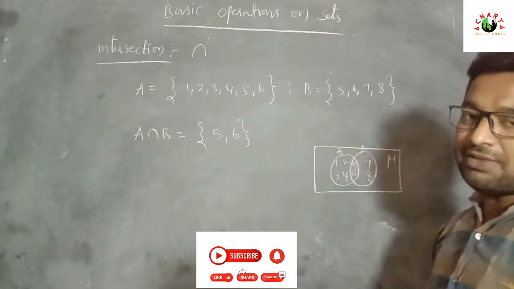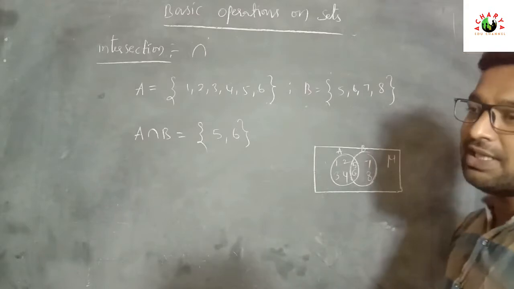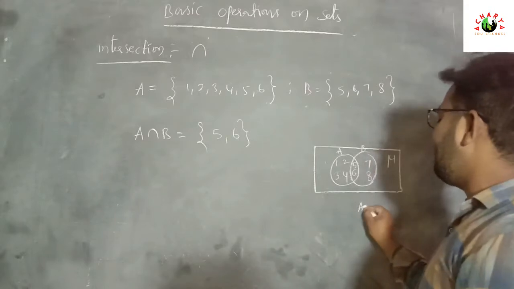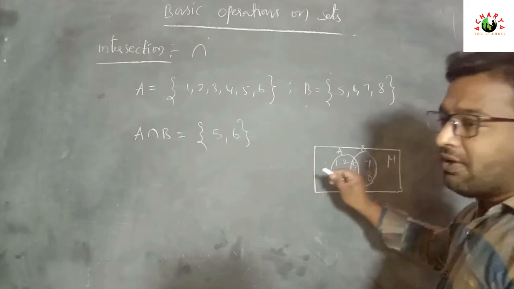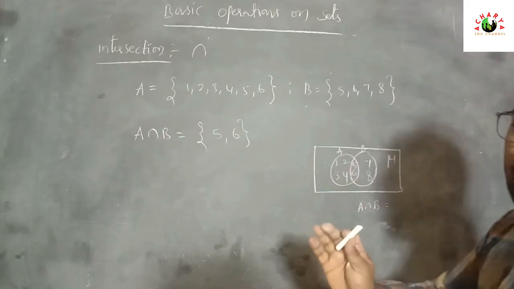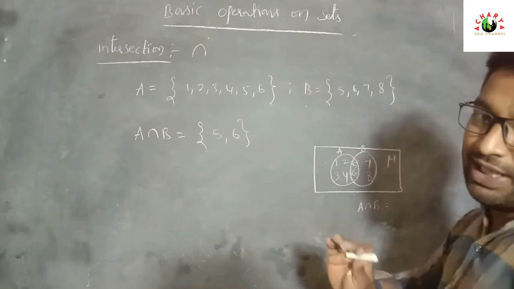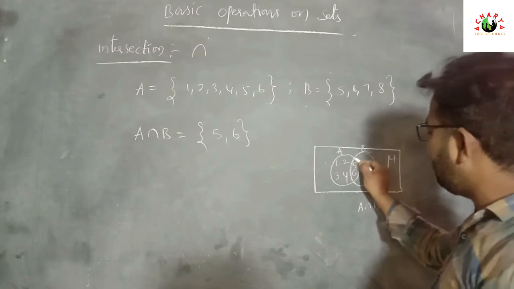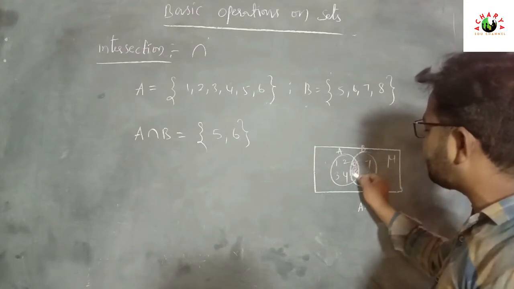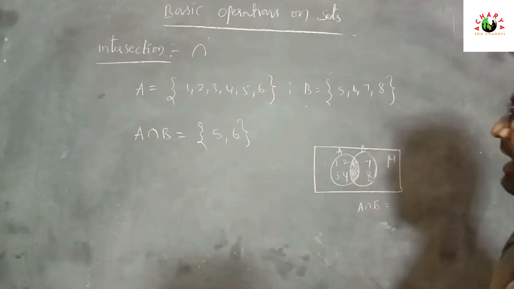But here is one difference between union and intersection. Here A intersection B is equal to what? 5 and 6. Intersection means we take only the common elements of both A and B. Union means combine the elements of both. Here which are the common elements? 5 and 6.